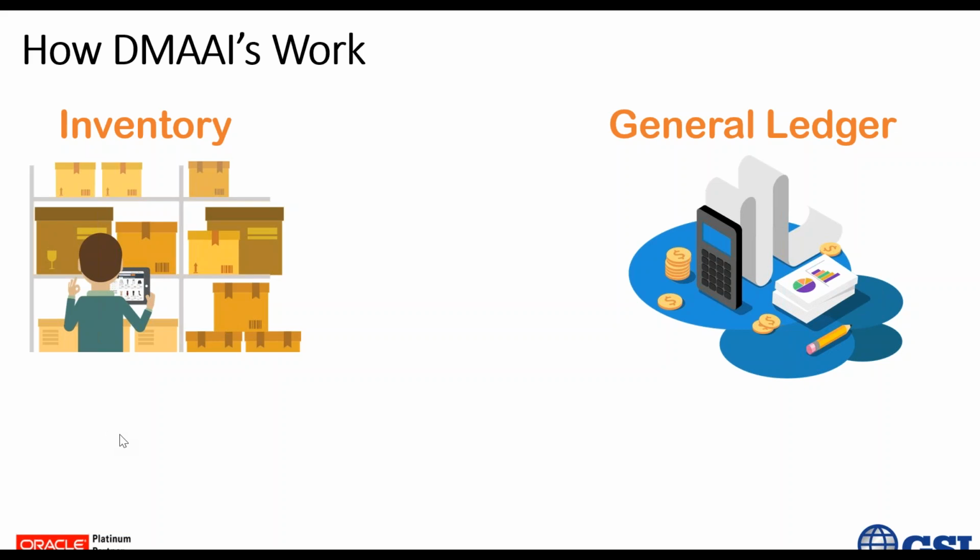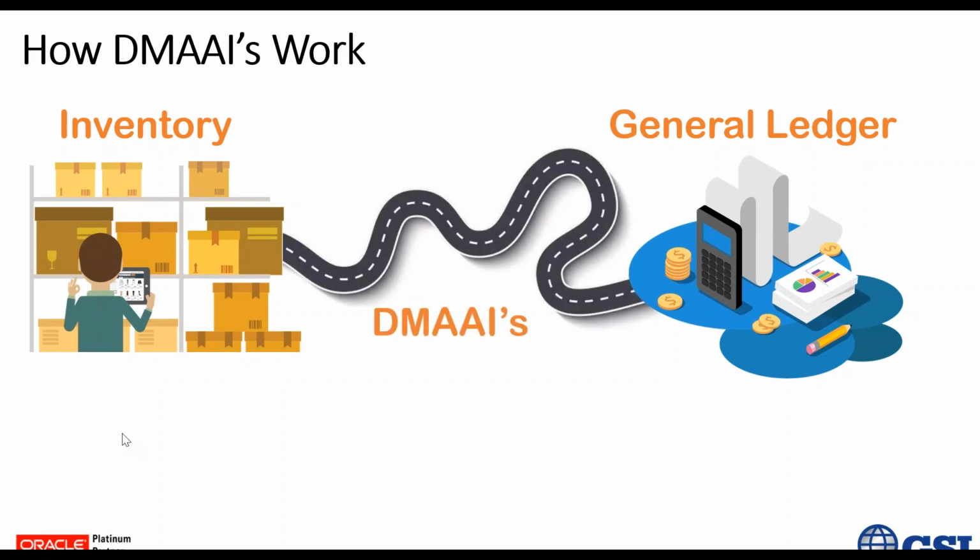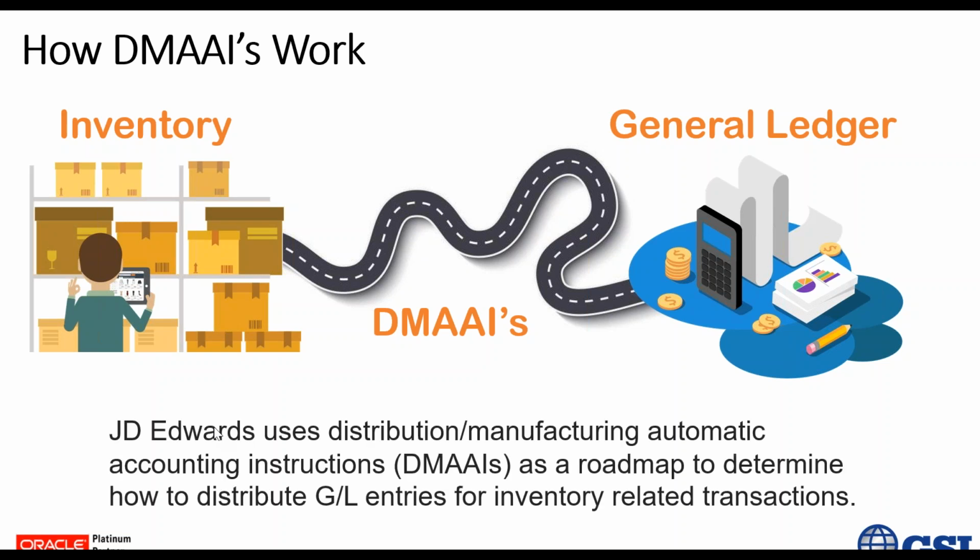This is how we keep track of how much value is being held on the financial statements with regards to inventory. The distribution manufacturing automatic accounting instructions are the roadmap that JD Edwards uses to book or create those GL entries for inventory related transactions. So that is the definition of what a DMAAI is.